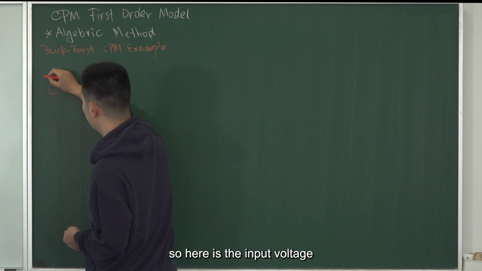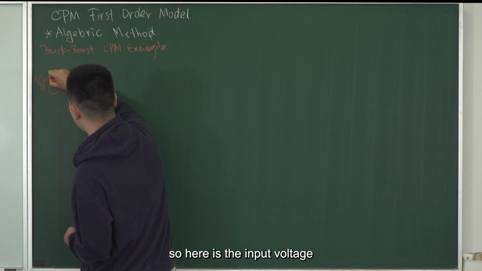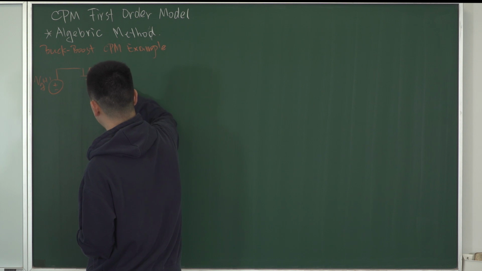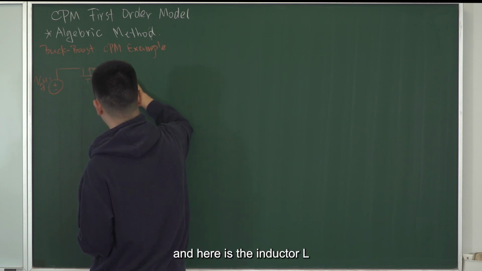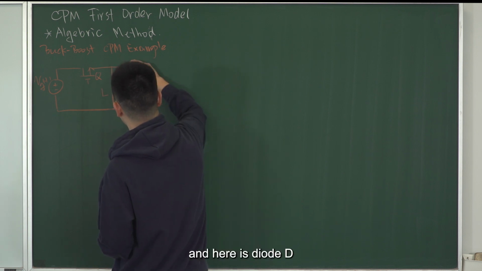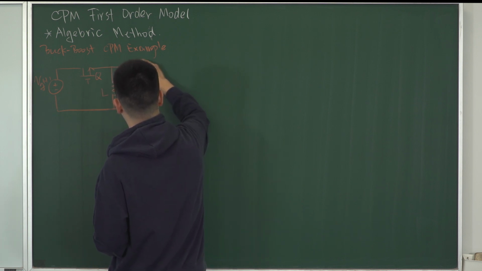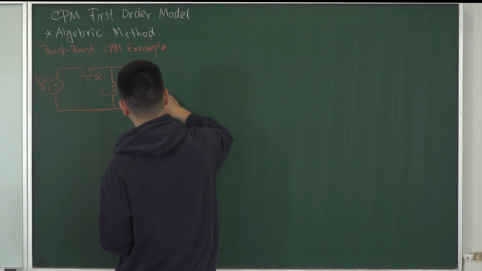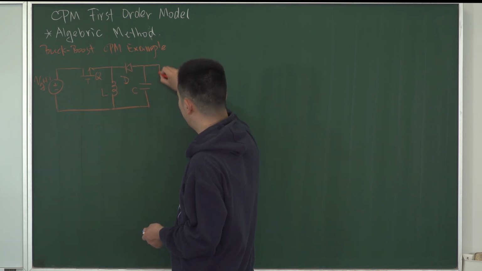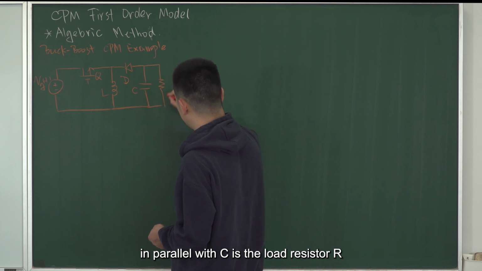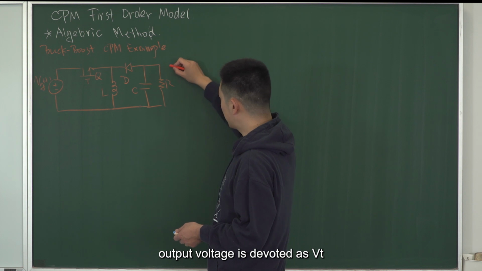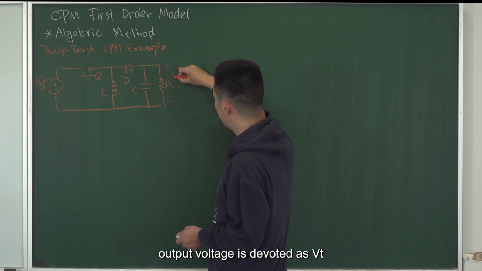So here is the input voltage, and here is the transistor Q, and here is the inductor L, and here is the diode D, and the filtering capacitor C, and in parallel with C is the load resistor R, and the output voltage is denoted as Vo.